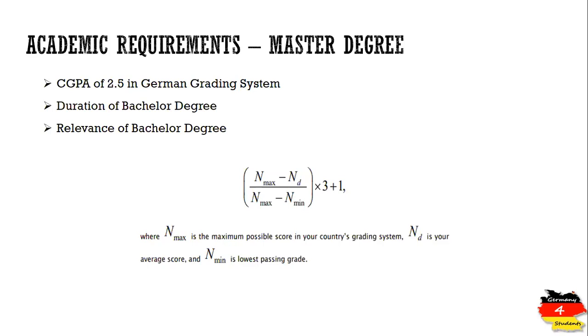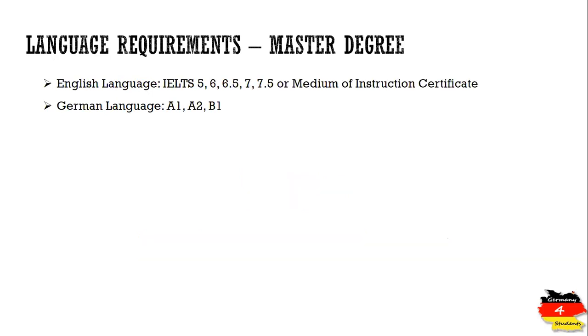RWTH Aachen has one course, and TUM Munich also has one management course where you can be accepted with a technical background, but these are very, very few. So with that, we conclude the academic requirements. Let's move to the language requirements. Now, language requirements for engineering programs are a bit different, a bit lower.